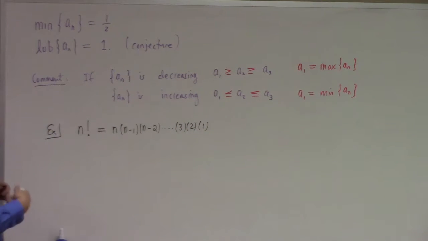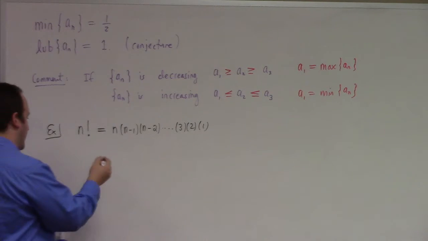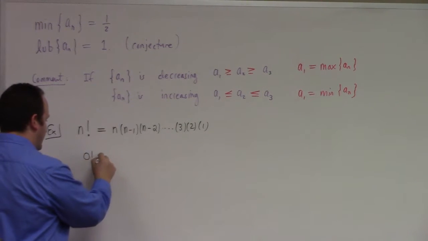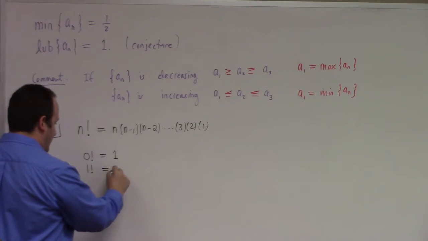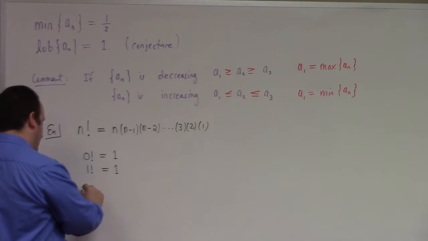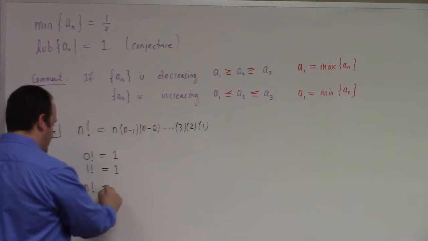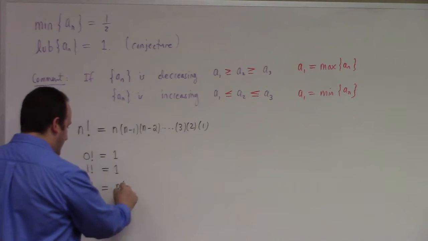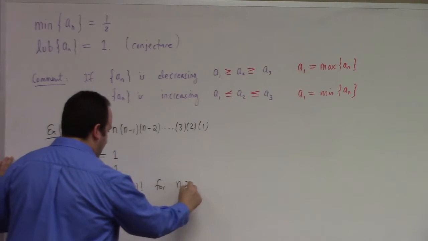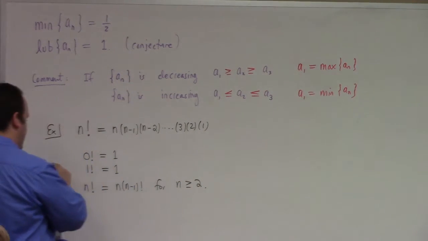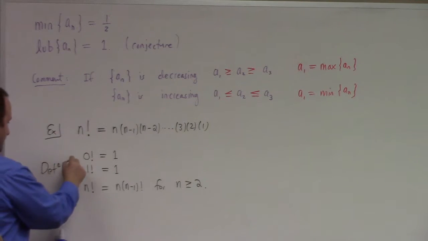But that's kind of a schematic formula, let's say. A more careful definition is 0 factorial is by definition 1. 1 factorial is by definition 1. And then n factorial is defined recursively to be n times (n minus 1) factorial for n greater than or equal to 2. So this right here, folks, is the definition of the factorial.